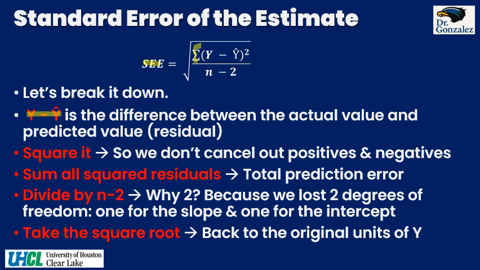We're going to square it so we don't have any issues with positives and negatives canceling each other out. We're going to sum all those residuals that we just squared. That gives us our total prediction error. We always have to take into consideration our degrees of freedom. So we're going to divide by n minus 2 because we lost 2 degrees of freedom, one for the slope and one for the intercept. And then when we take the square root, we're taken back to the original units of y.